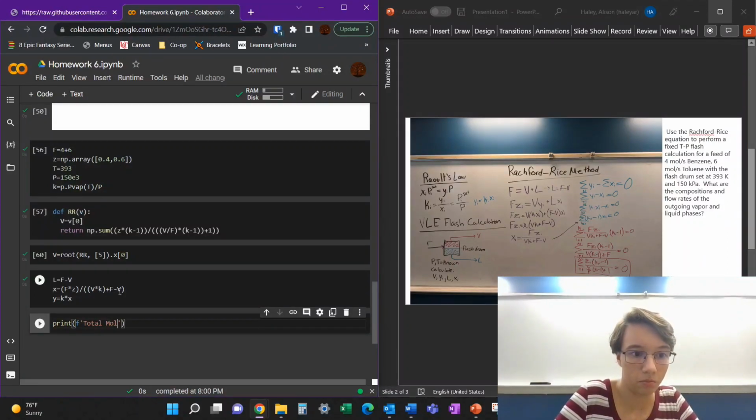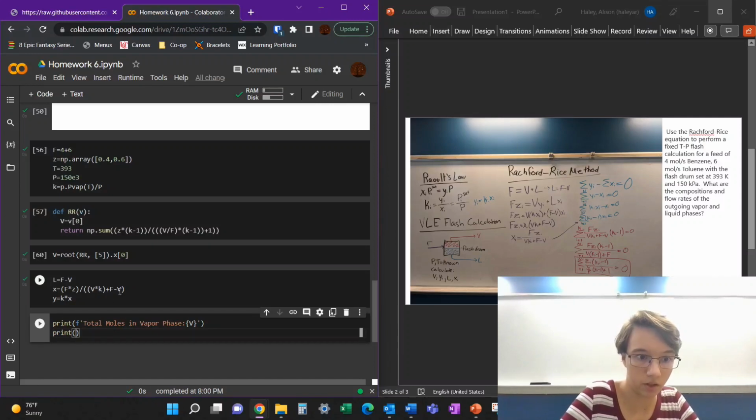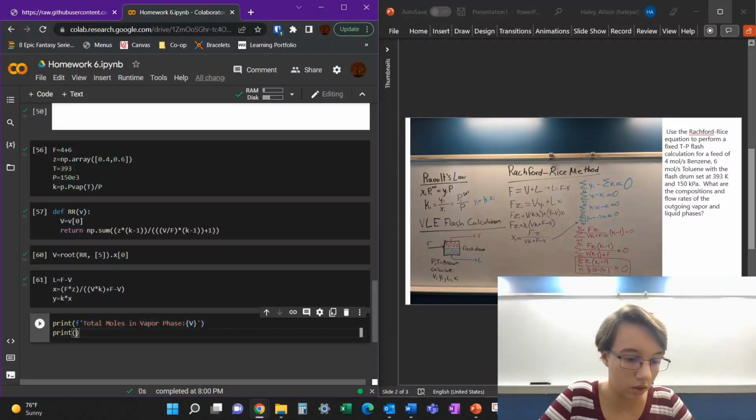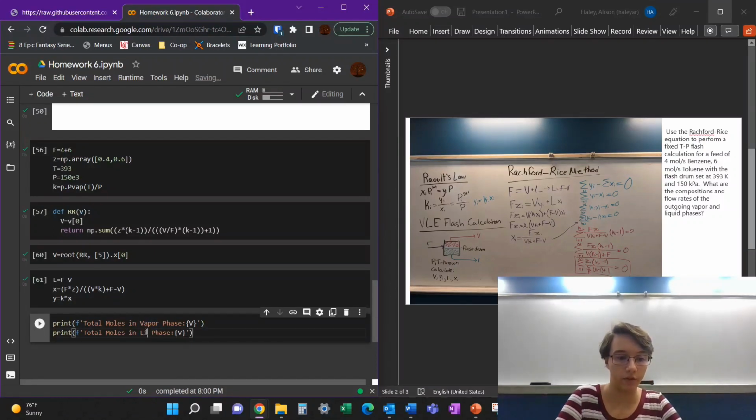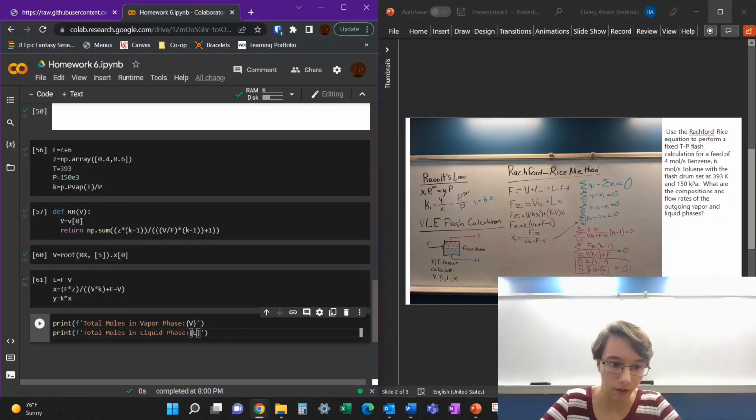Total moles in vapor phase, that is V, and then we can print F. Here I'm just going to copy this so I don't have to type the whole thing again. But this time we want total moles in the liquid phase, and that will be equal to L.